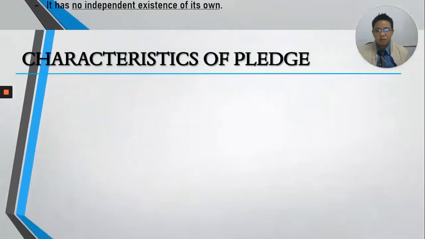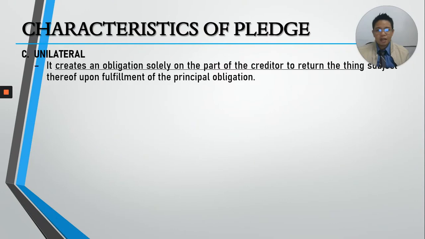What else? Number 3, it is unilateral, meaning it will create only an obligation on the part of the creditor to return the thing subject thereof upon fulfillment of the obligation. So, sa madaling sabi, obligasyon lamang ito ng creditor na ibalik yung bagay kapag nabayaran na yung utang.